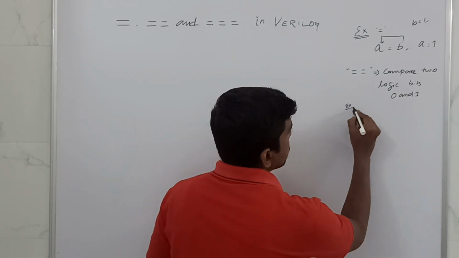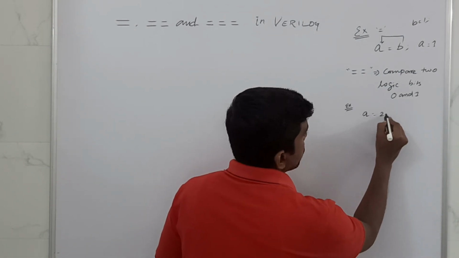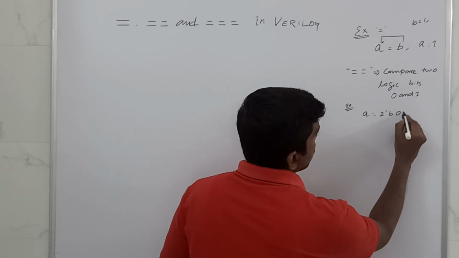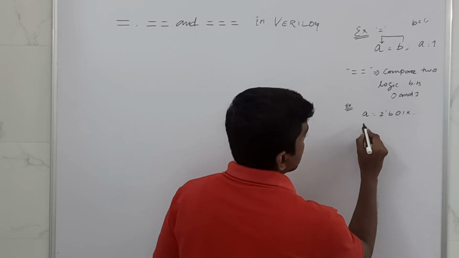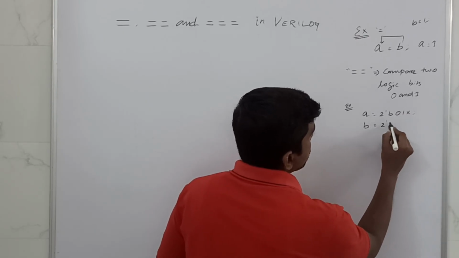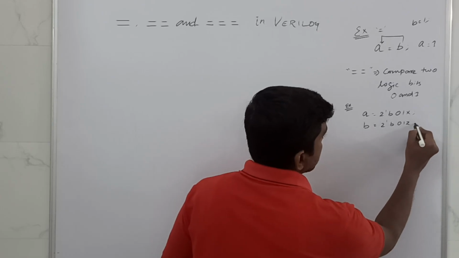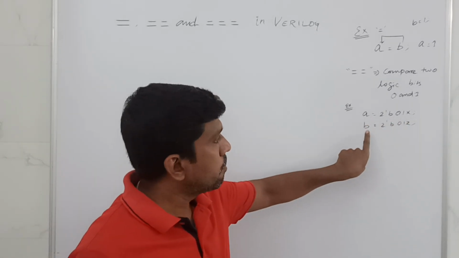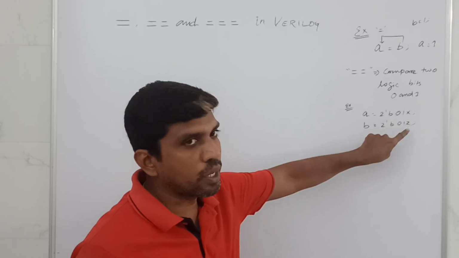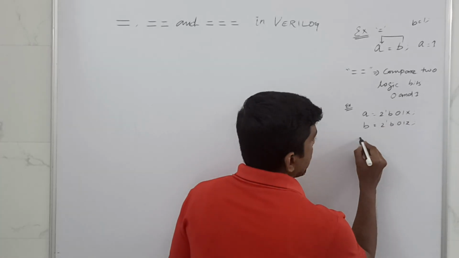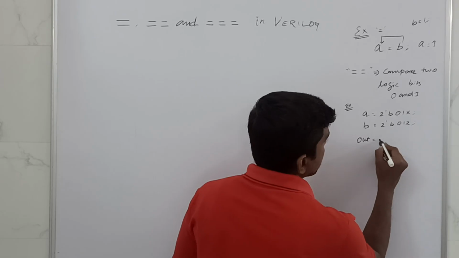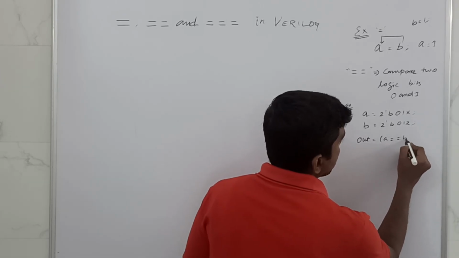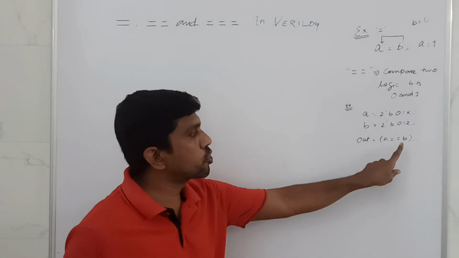Example: A = 2'b01x, B = 2'b01x. The final result: out = A == B. Just compare these two values.